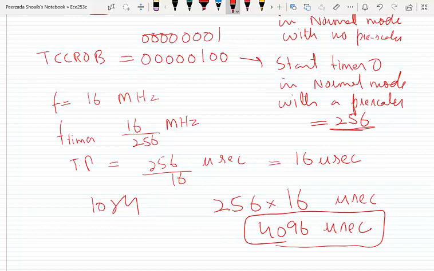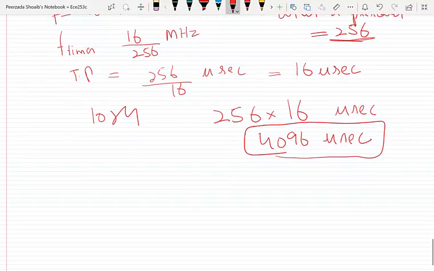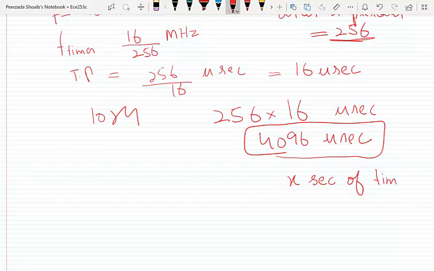Today we'll be discussing another thing. What if we have been given a time delay? For example, we need x milliseconds or x seconds or x microseconds of time delay.